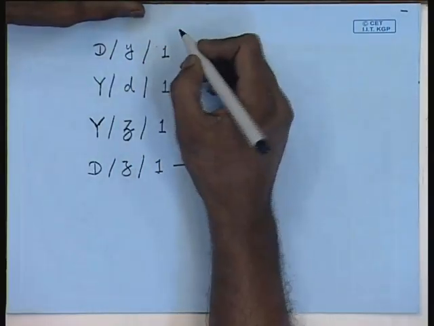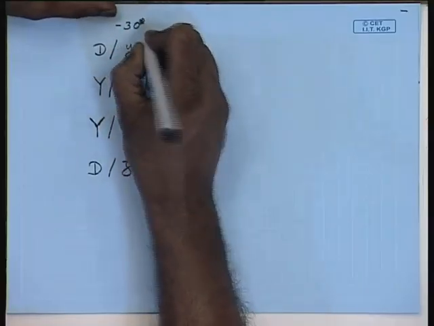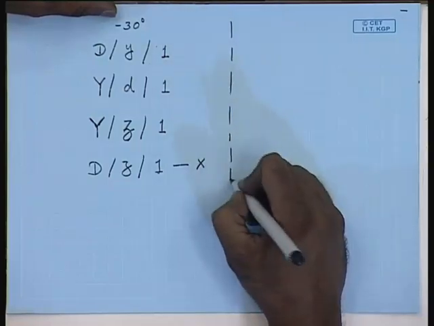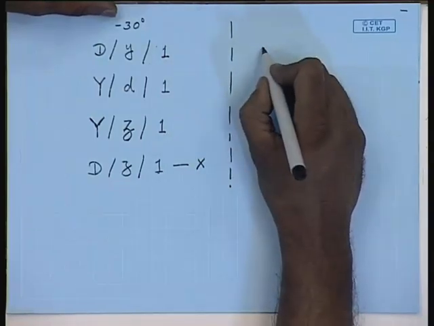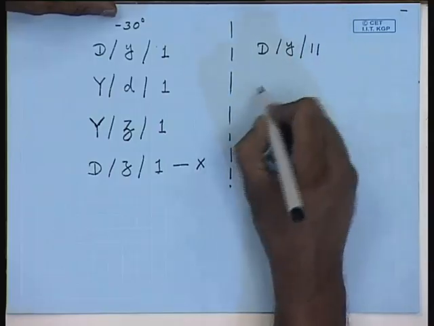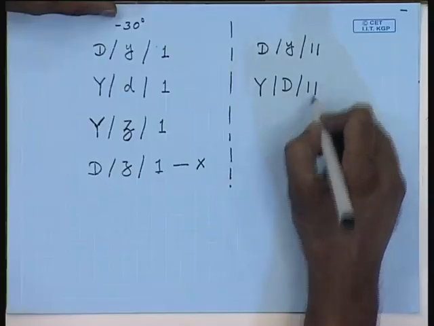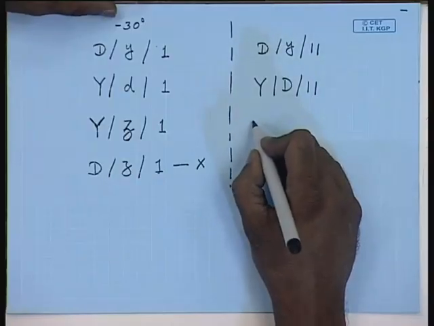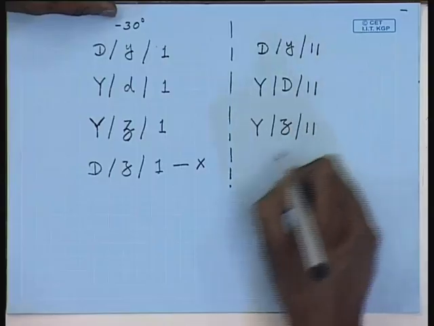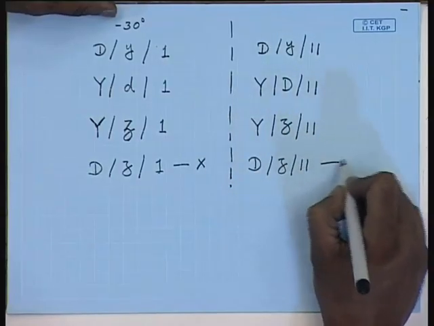This is the minus 30 degree connection. For the plus 30 degree connection, you can have Dy11 or Yd11 or Yz11. Similarly, Dz11 is not possible.